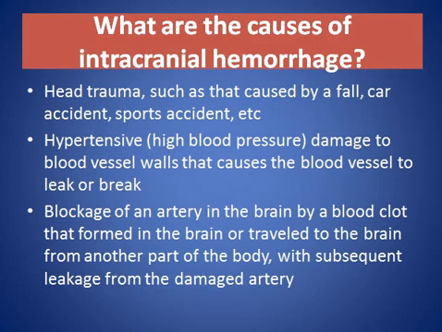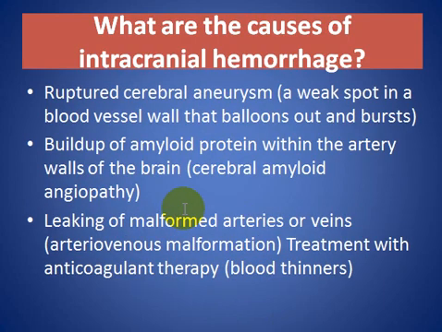What are the causes of intracranial hemorrhage? Head trauma is one of the causes. Hypertension is also one of the causes. Thrombosis in the arteries is one of the causes, or any disease of the arteries like vasculitis can cause intracranial hemorrhage.